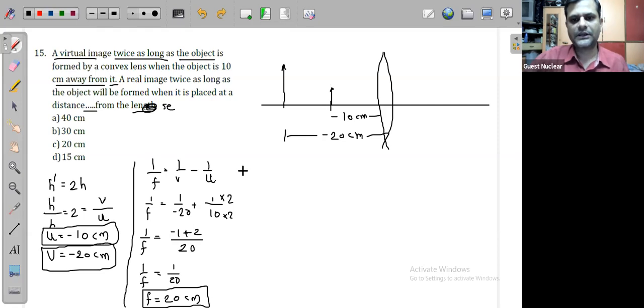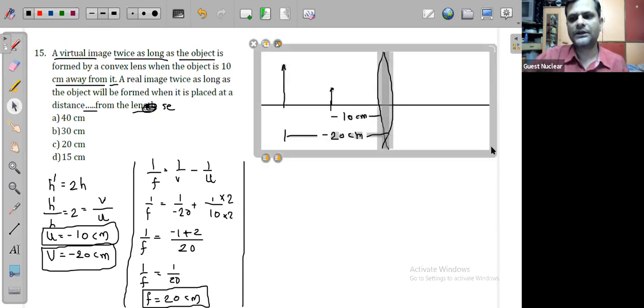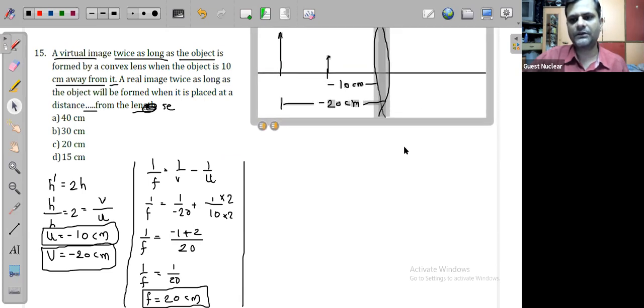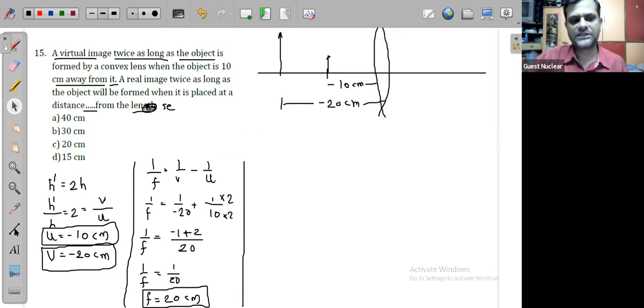Okay, let us check. Now this diagram will be somewhat modified. Here we have to draw the diagram separately. The diagram we drew is for the first statement, but if you focus on the second statement, then suppose this is the principal axis, this is the lens here.